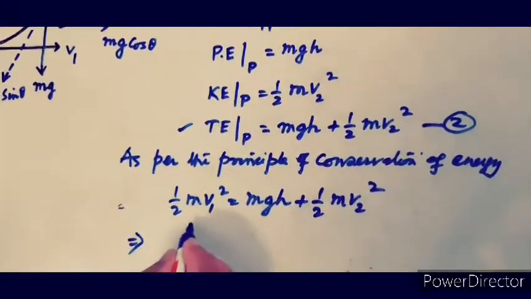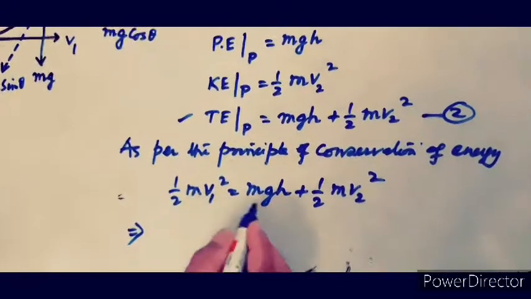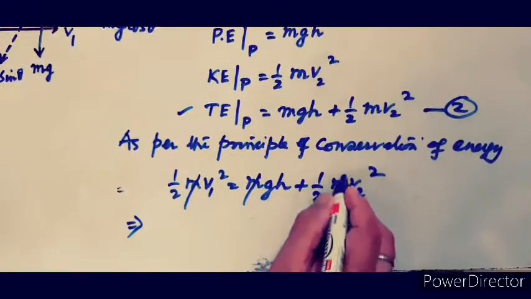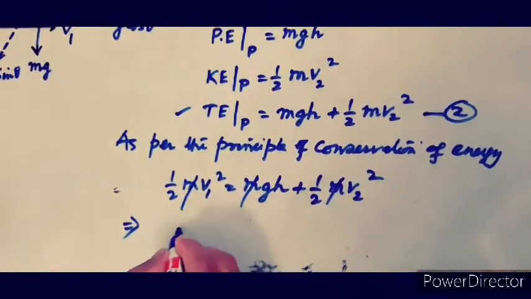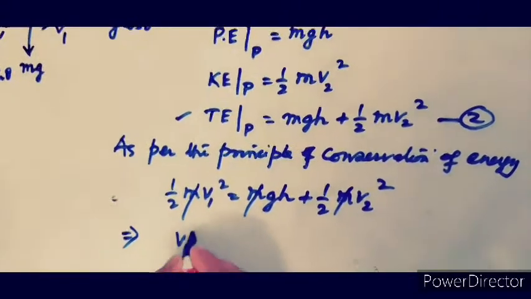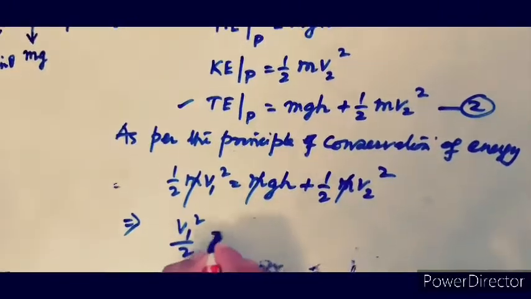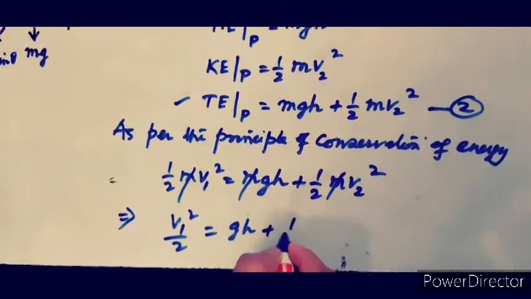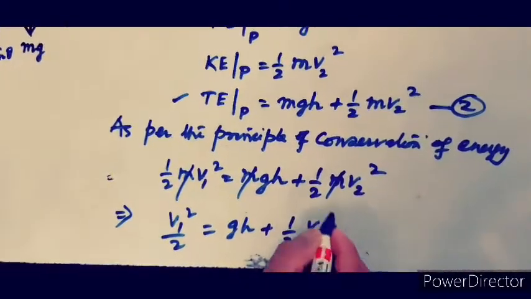Ultimately, the half and the m cancel on both sides. So v1 square by 2 is equal to g h plus 1 by 2 v2 square.